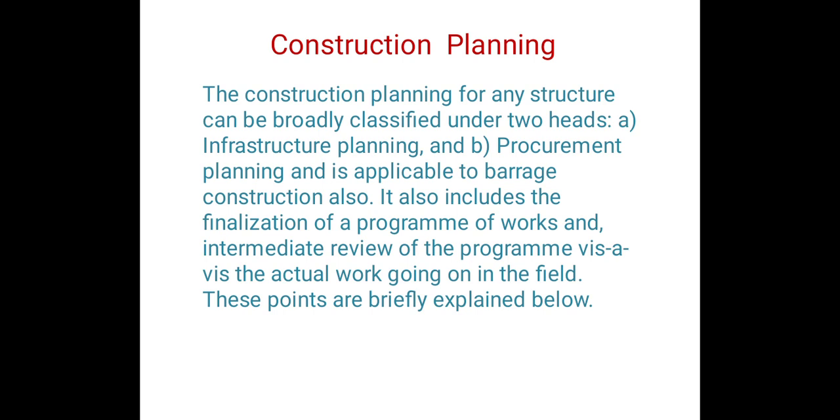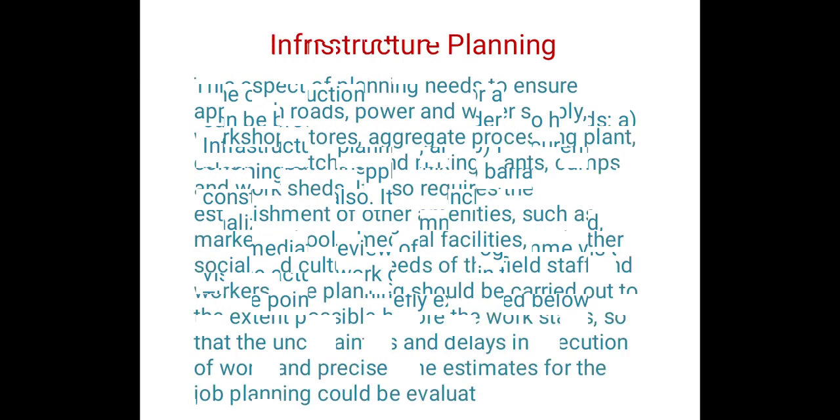The first one is infrastructure planning and the second one is procurement planning, and this is applicable to barrage construction also. It also includes the finalization of a program of works and intermediate review of the program with the actual work going on in the field. These points are briefly explained below.